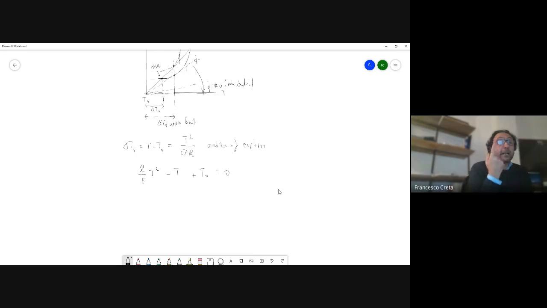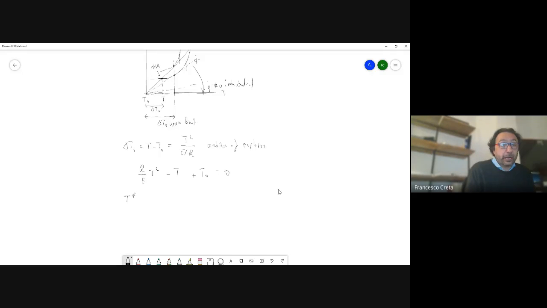And it seems that this explosion temperature follows a quadratic, so there seem to be two answers. Let's call this explosion temperature T star.